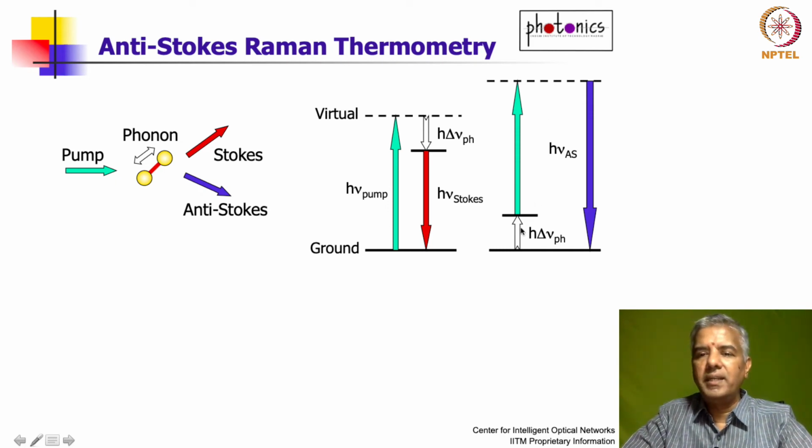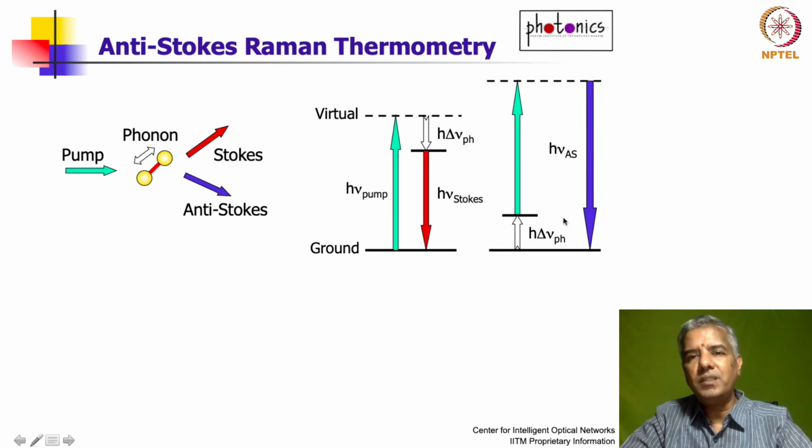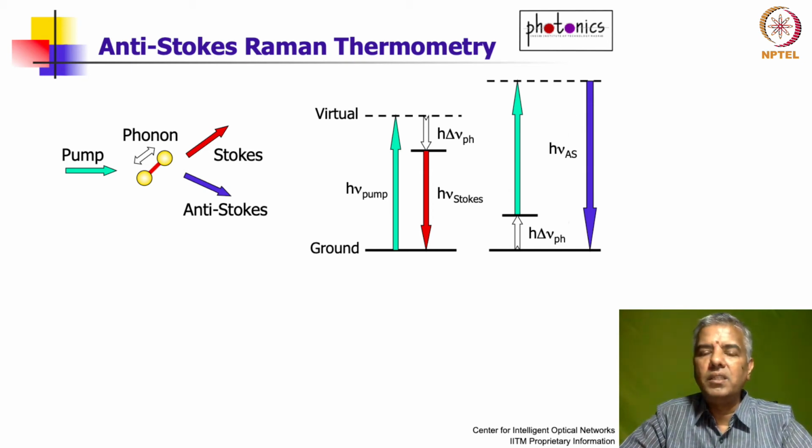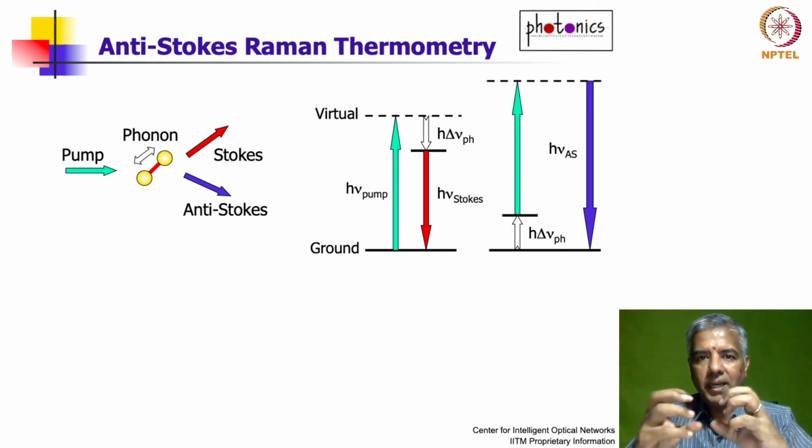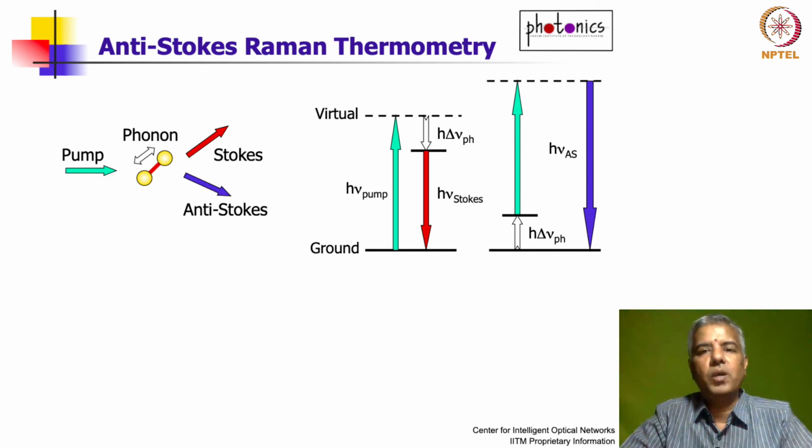Now that's what is indicated here. If you already have a vibrational mode with a certain photon energy, you can suck this energy with the incoming photon, and you can scatter off with a higher energy photon. Okay, so you want to ask the question, under what circumstances is this more probable? Well, one reason why you might have lots of these vibrational modes, these phonon modes, is because of the ambient temperature that the material is experiencing.